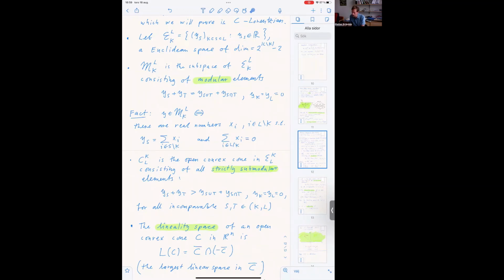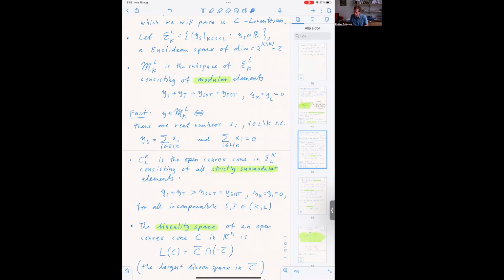These are the elements in the Euclidean space which satisfy this submodularity strictly. So in order for it to be strict, we only require this for incomparable elements S and T. So S should not be a subset of T, and T should not be a subset of S.